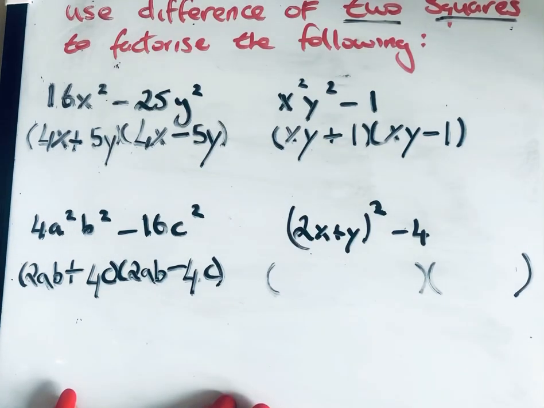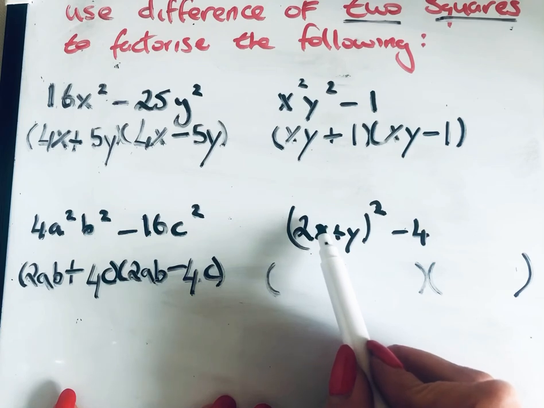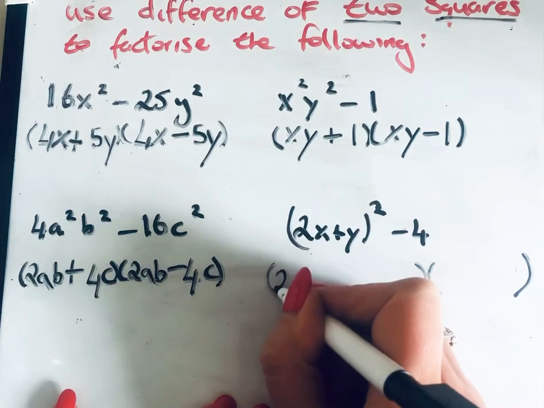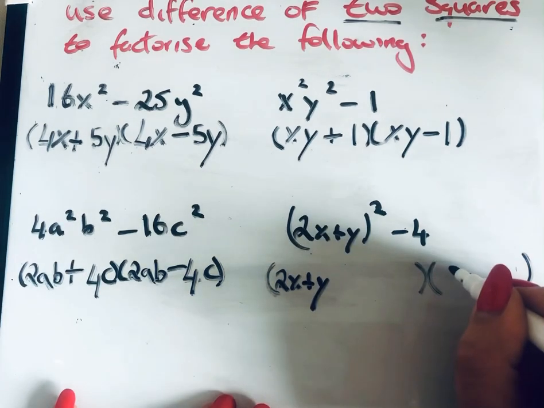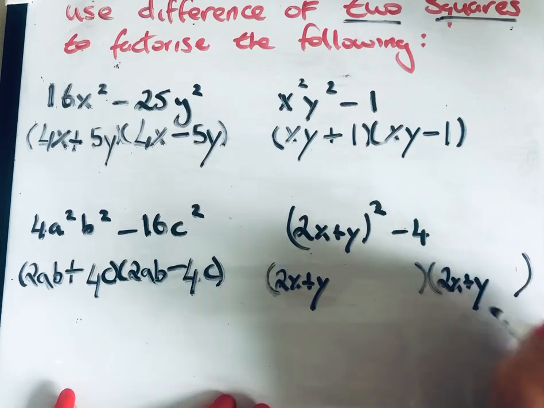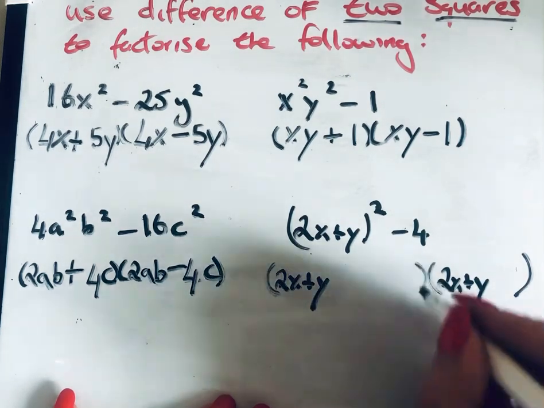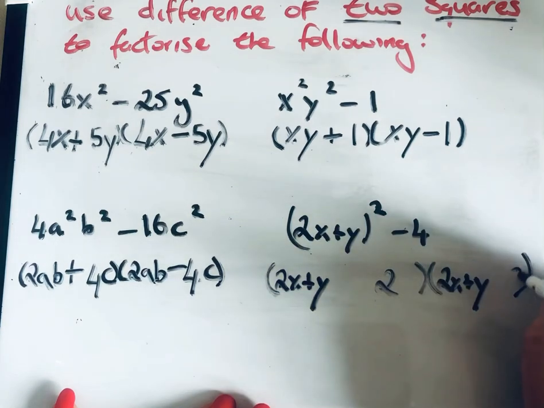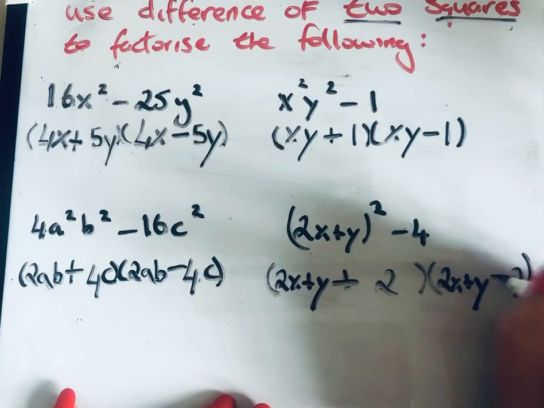Now we say to ourselves, well, this bracket is being squared, so itself multiplied by itself. And then we say, what two numbers give us 4? The same two numbers, so that'll be a 2 in one, a 2 in the other. And then we simply put a plus in one and a negative in the other.